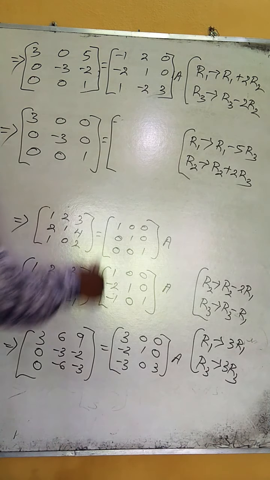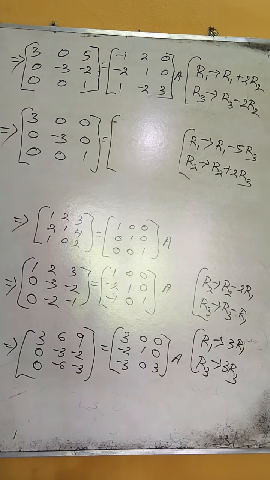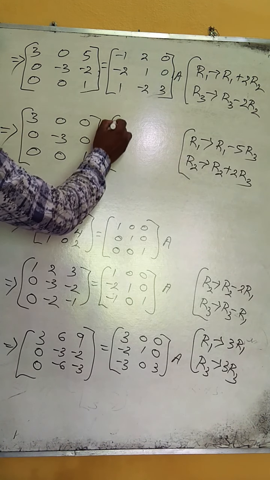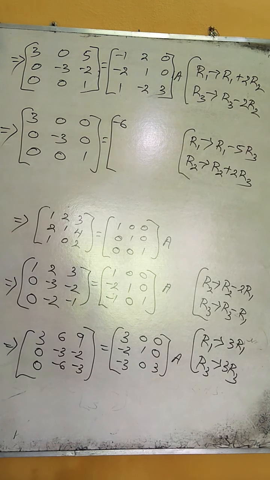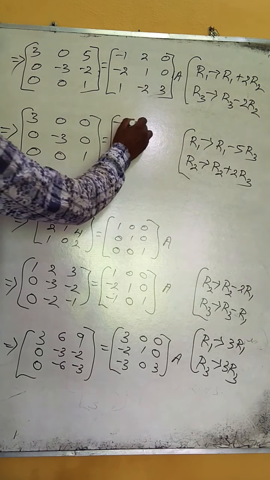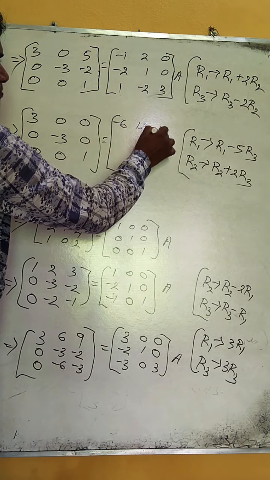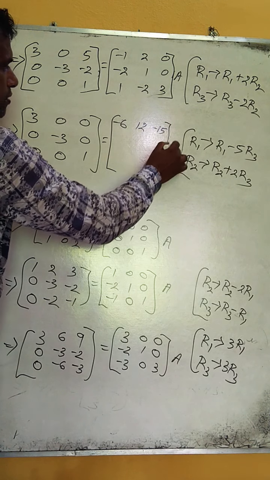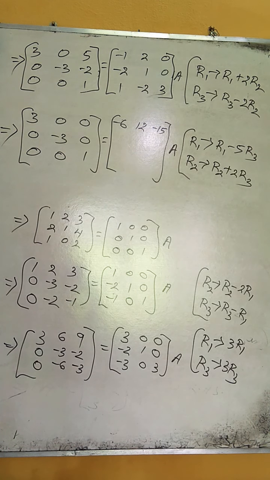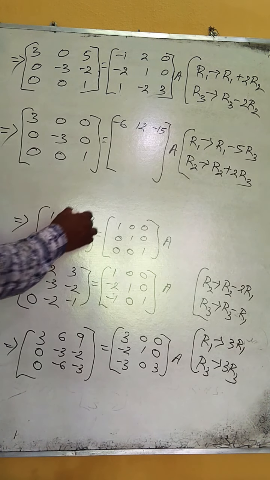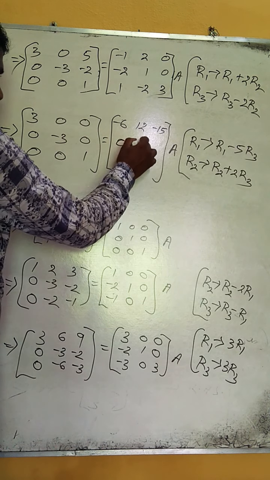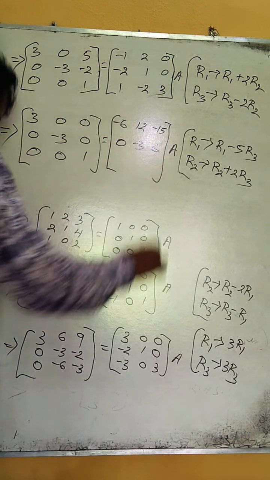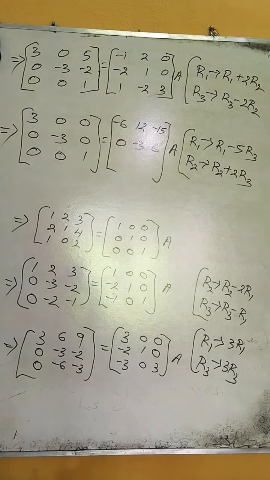R1 minus 5R3 means minus 6, 12, minus 15, and the second row becomes 0, 0, minus 3, 6.